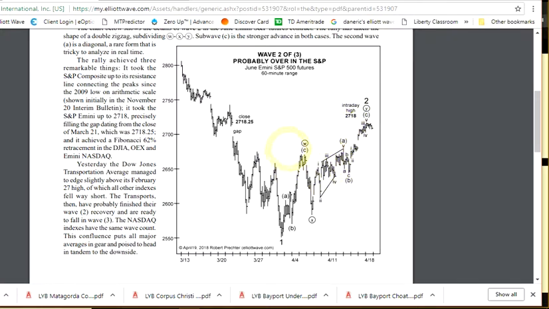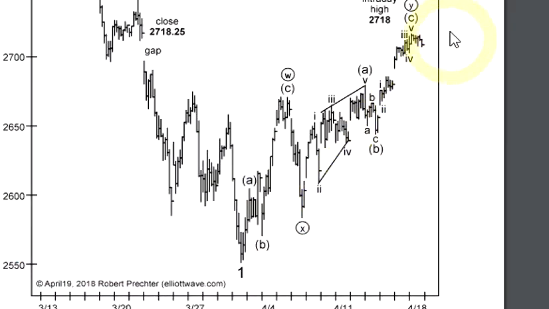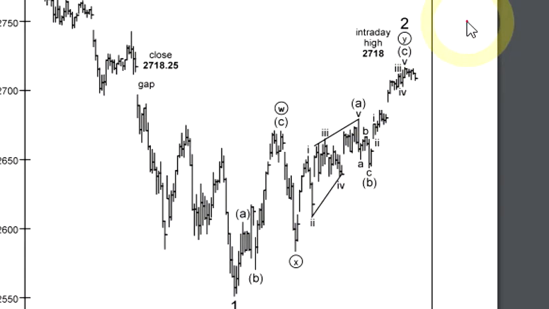And the other thing is, anytime you have a 3-wave move, the final C, so you can see it right here. This is another thing that's kind of interesting about Elliott Wave. You can see there's an A, B, C here, okay?